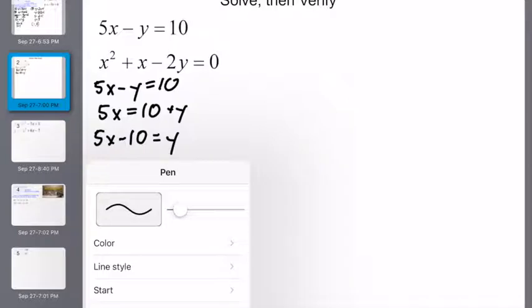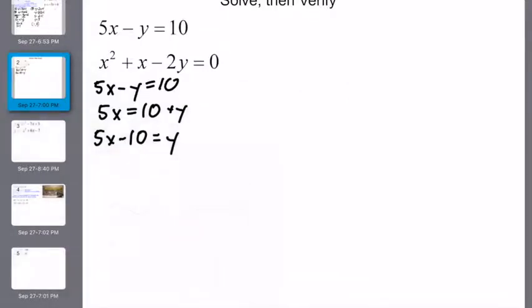Okay, our next step then, we want to plug that y, which is 5x minus 10, into our other equation. So if I have x squared plus x minus 2y equals 0, wherever I see a y, I now put this 5x minus 10.